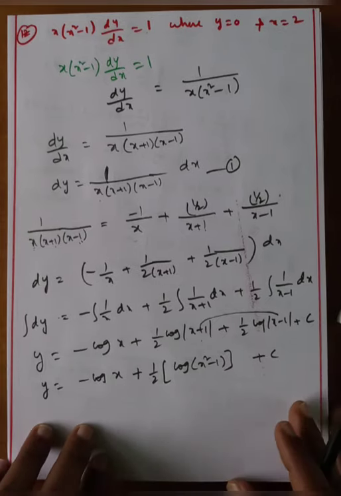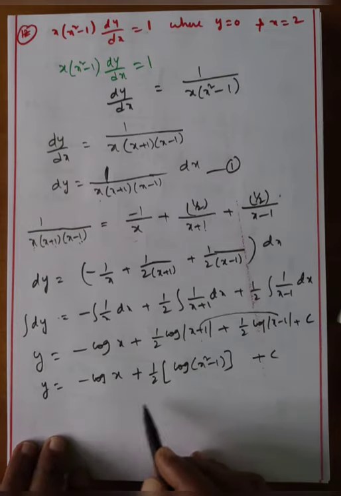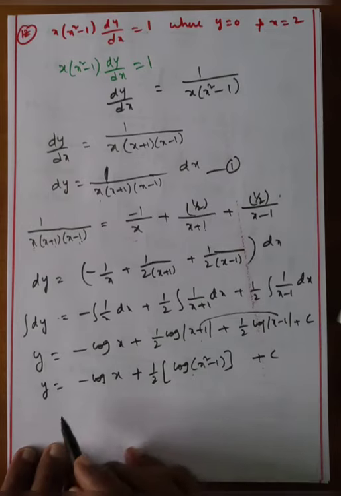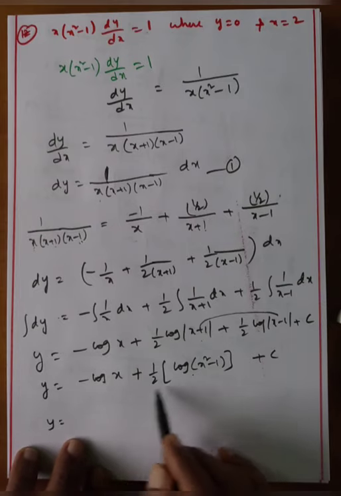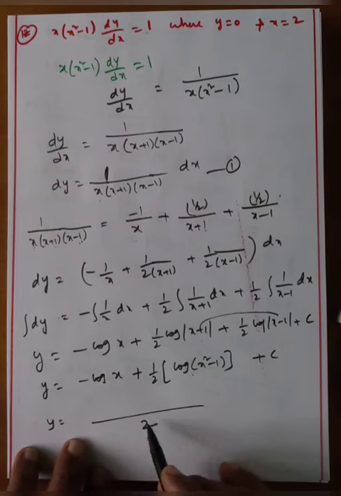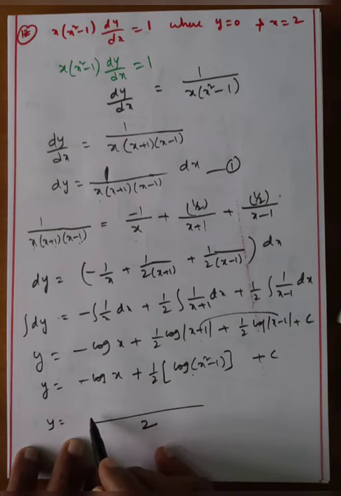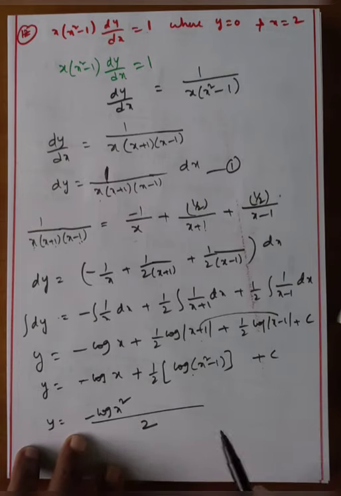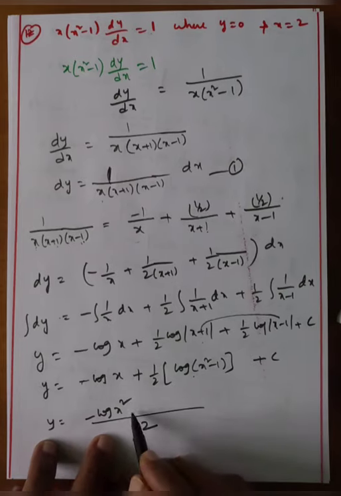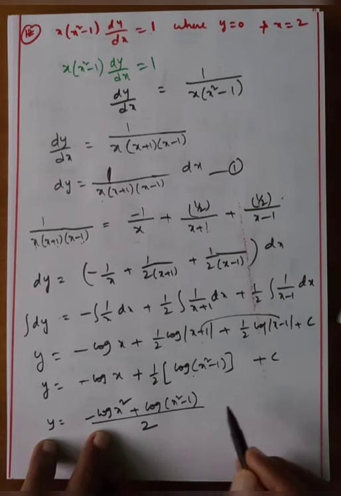Now here also we will take the common part. Taking 2 as the LCM, y is equal to: minus 2 log x means minus log x square, where the 2 goes upper side as m log a, plus log of (x square minus 1), plus c.